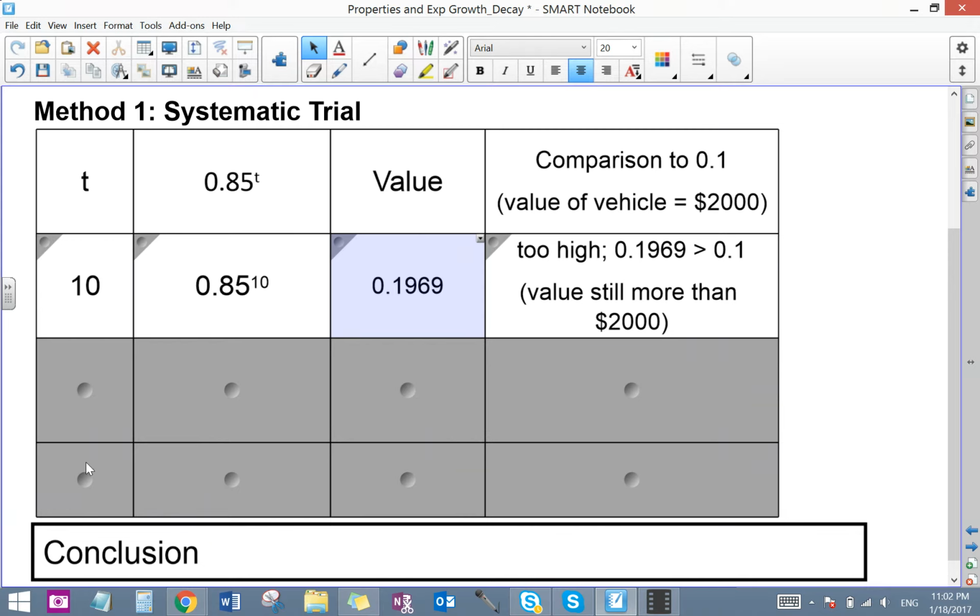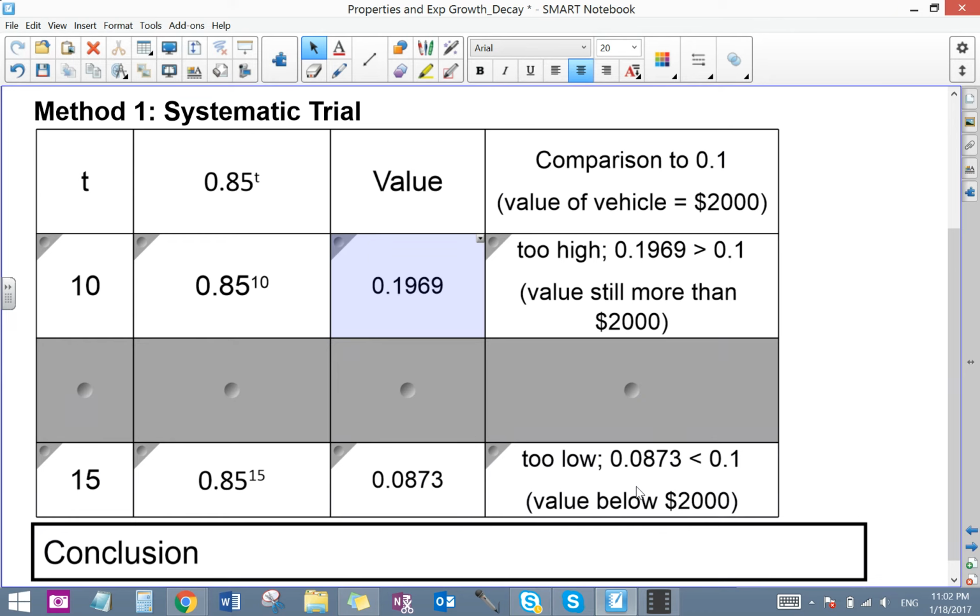Now, if I go another increment of 5, so 5, 10, 15, after substituting in the 15 for the exponent, I end up with 0.0873. So that being much less than 0.1, I've lost more than what I'm looking for. So somewhere in between 10 and 15, now if we approximate 14, we'll end up with 0.1027.